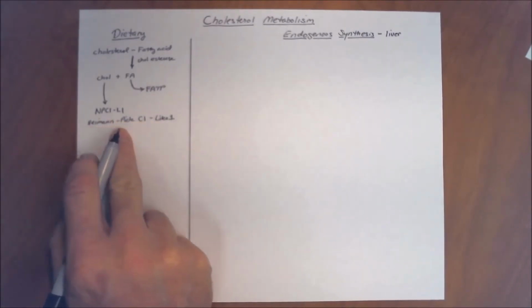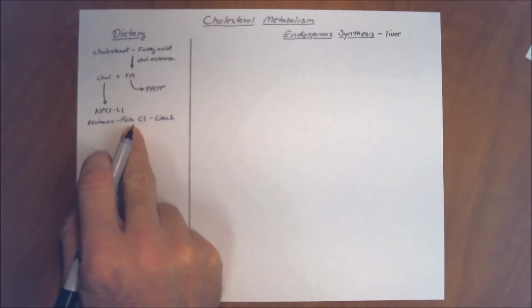This form of the Niemann-Pick protein is localized on the apical surface of the intestinal enterocytes and responsible for uptake of dietary cholesterol.